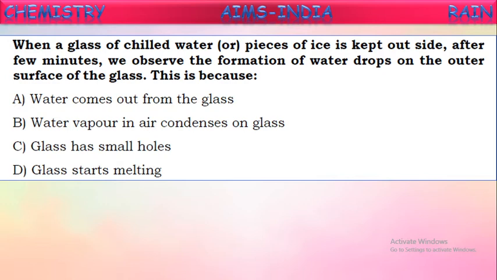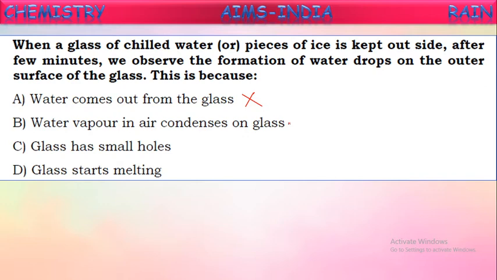See the options given: water comes out from the glass. Is it true? Water coming out from the glass? Do those glasses have any holes? No, it is not. Water vapor in air condenses on the glass. Yes, actually this is the correct answer. The water vapor is there in the air, we know that.